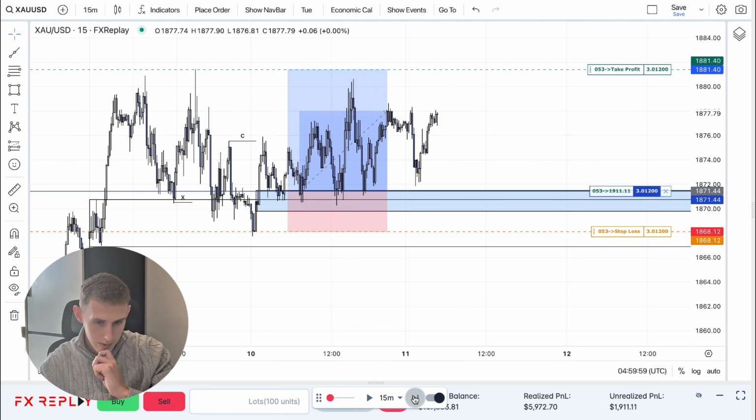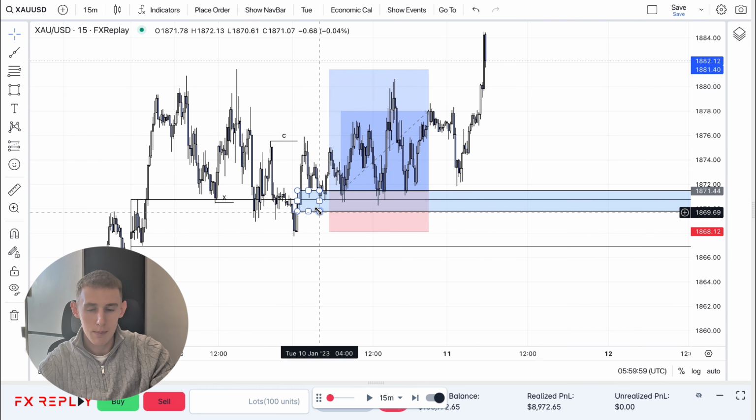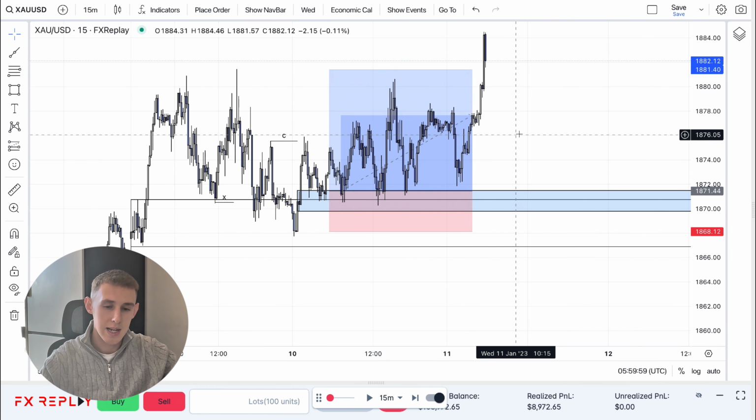And there we go. So that would have been quite a tough hold if you were trading that live, but there we go. Very nice setup.